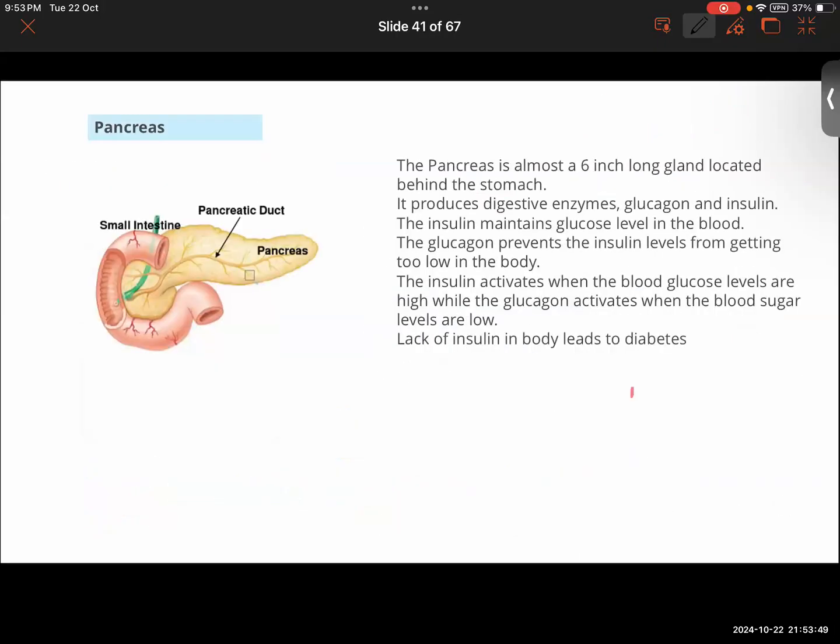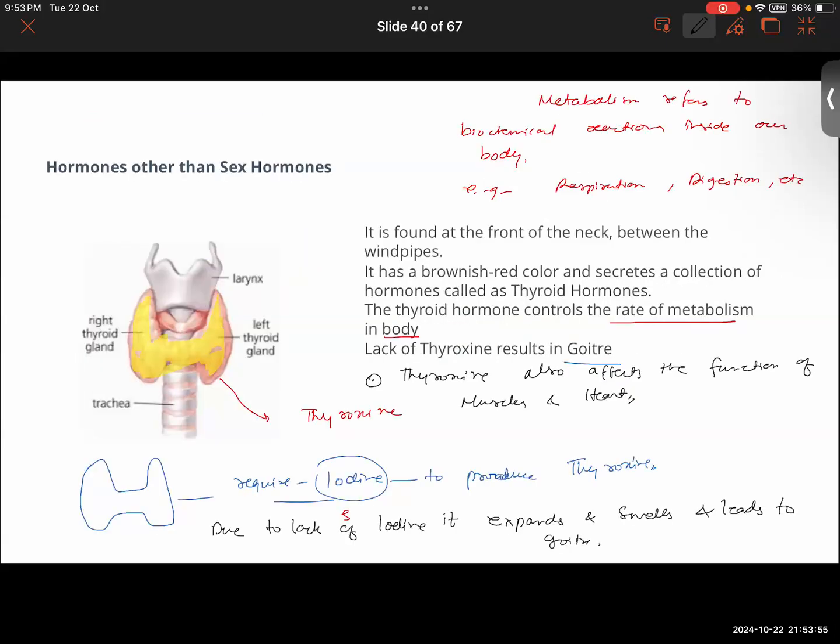Talking about the pancreas, by the way, this thyroid gland which we have learned, you guys tell me, is it an endocrine or exocrine gland?